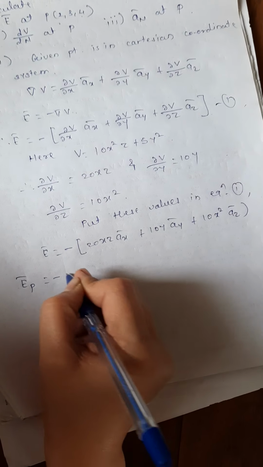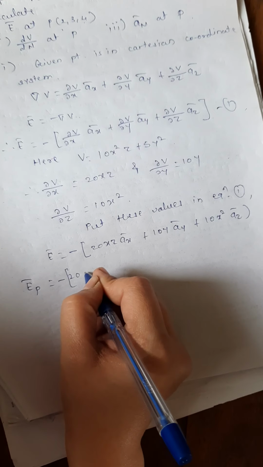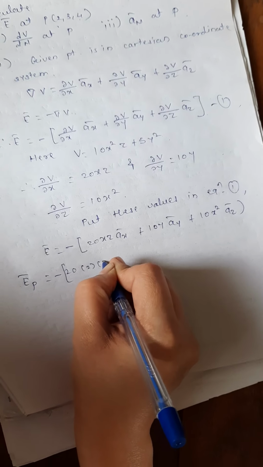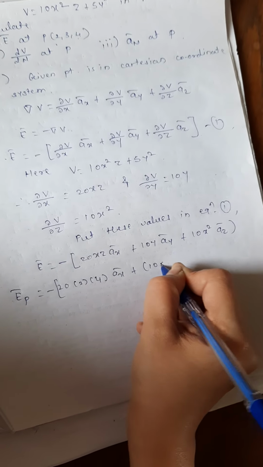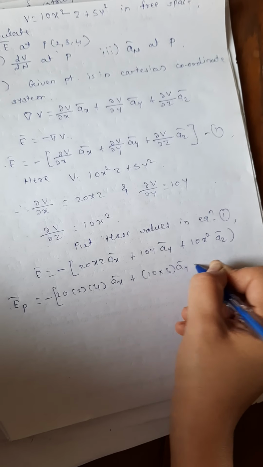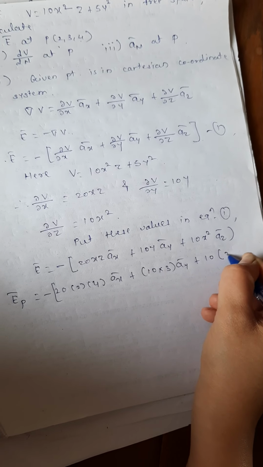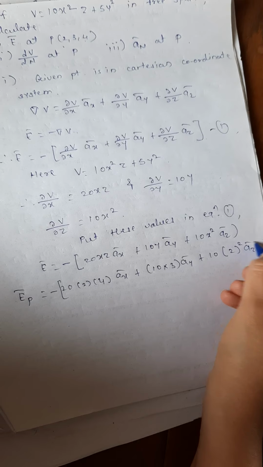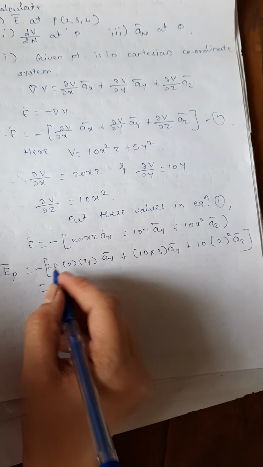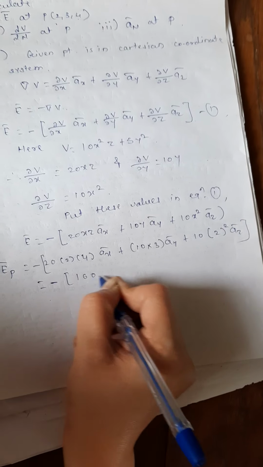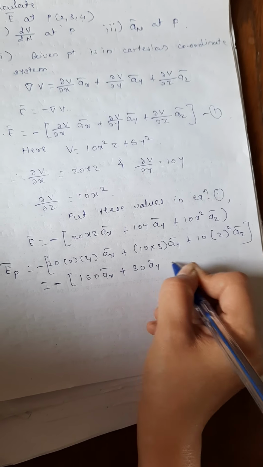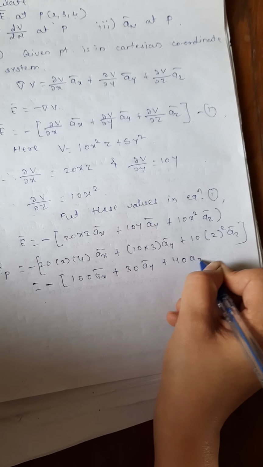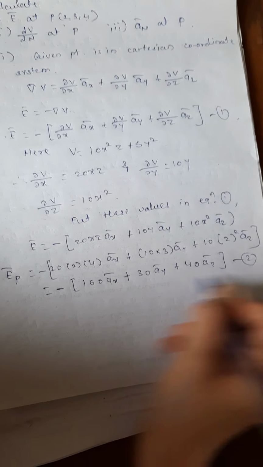So it is minus 20 into x is 2, z is 4, ax bar plus 10 into 3 ay bar plus 10 into x square is 2 square az bar. So the answer is minus into 160 ax bar plus 30 ay bar plus 40 az bar, which is equation number 2.